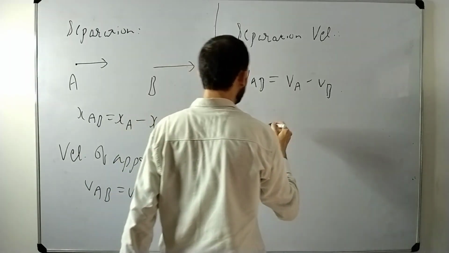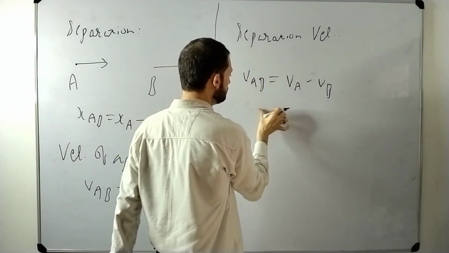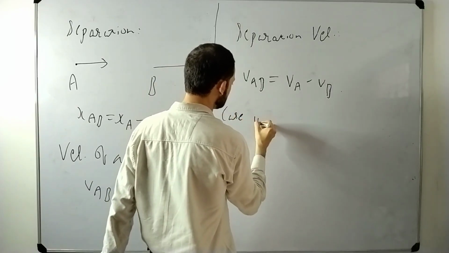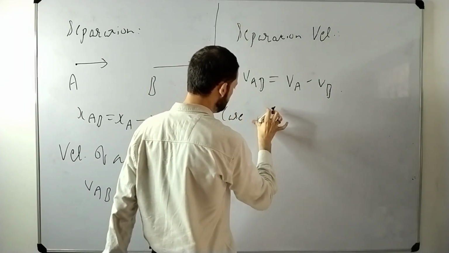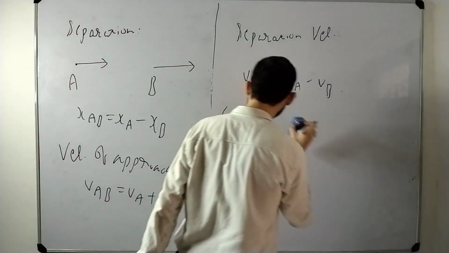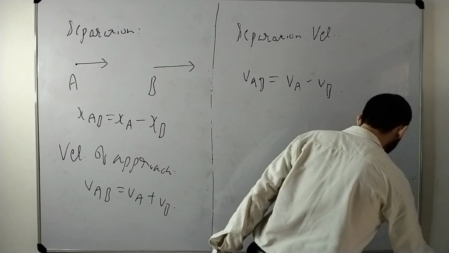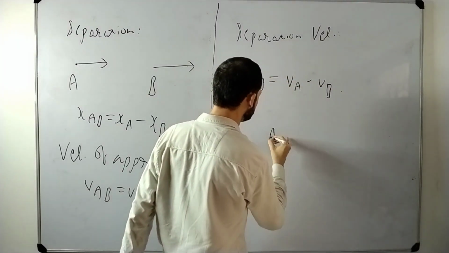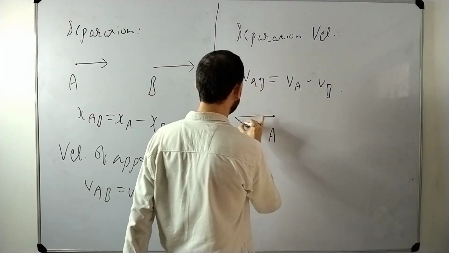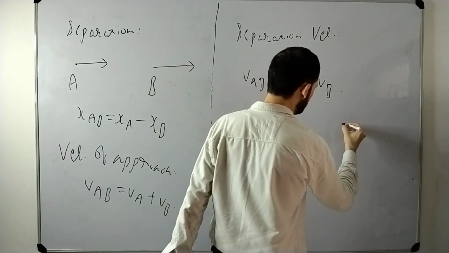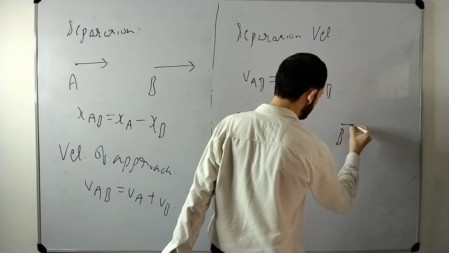Now, sir, what if both the objects, case 3, are going in the reverse, opposite direction? This is A, going into the negative direction, and this is you going into the positive x direction.